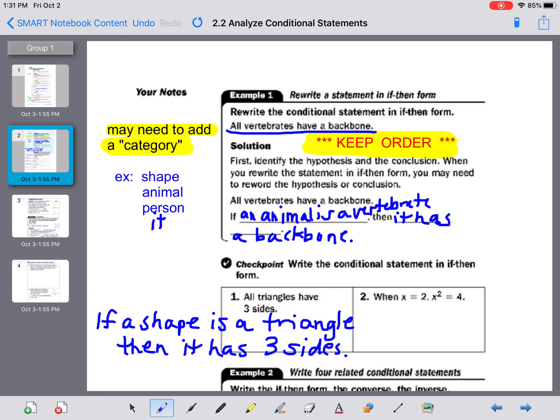Okay, so I keep the information in the same order. I add that category word just to kind of make my sentence flow. The common mistake, if you say if a triangle, well, now you're talking about triangles as the big category, and then you don't have enough information. So we have to step back and say, wait, I need to make sure they check if they have a triangle. So if a shape is a triangle, then it has 3 sides.